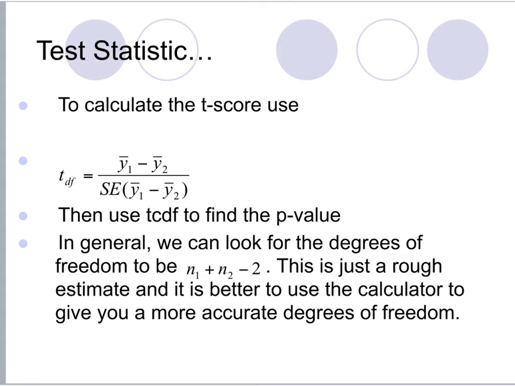This is just a rough estimate. The calculator actually gives us the more accurate degrees of freedom, but that really comes from your n1 minus 1 plus your n2 minus 1. And if you put that together, you have n1 plus n2 minus 2. So you have two samples. Now you're going to subtract 2. That gives us a good estimate of what to use.